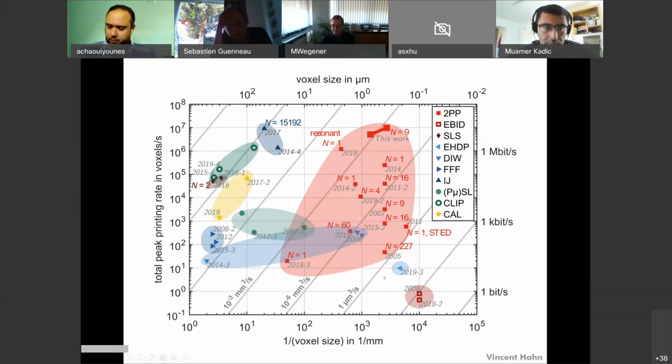Getting this together with increased speed is very, very hard, I would say. You can say that our best STED results are 1, 2, 3, 4 orders of magnitude slower than what we can do without STED. And I see no way out of this for the moment. I would love to go to finer features and higher speeds, but at the moment, I do not know how to do this.